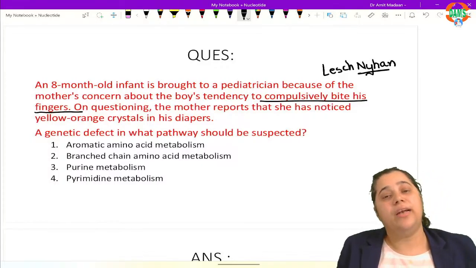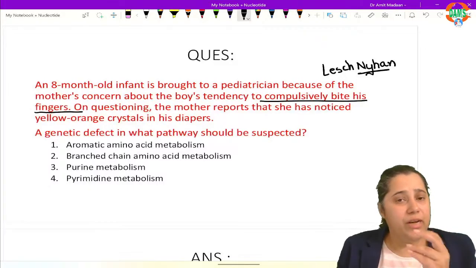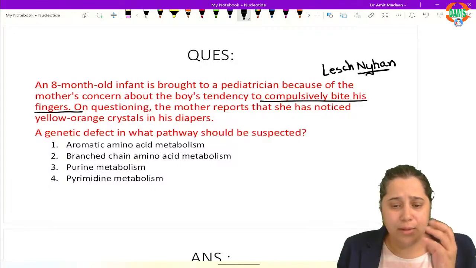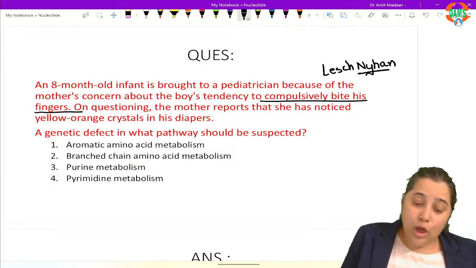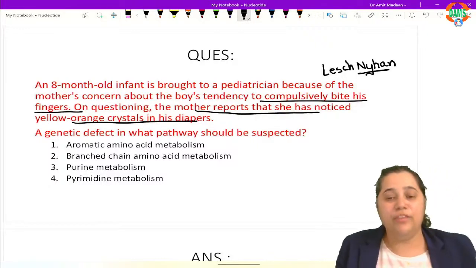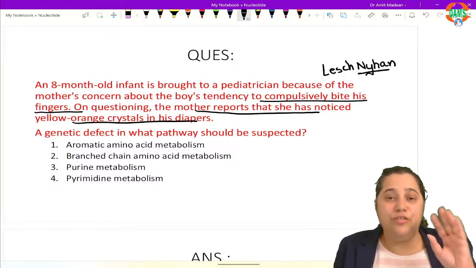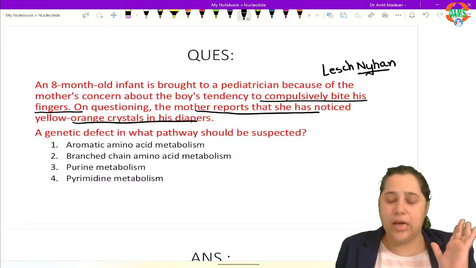Of course, this child is mentally retarded. Compulsive biting behavior. He will keep on eating his own fingers, lips, they'll keep on bleeding. On questioning, the mother reports that she had noticed yellow-orange crystals in his diapers. This is due to excretion of purine-like compounds in the urine.